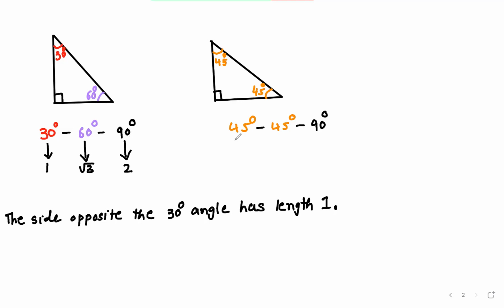The side opposite the 45-degree angle has length 1. The side opposite the other 45-degree angle has to have a length 1. Why? Because this triangle is an isosceles triangle. So if one angle is 45 and the opposite side is 1, then for the second 45-degree angle, the length of the side opposite to it has to be 1. The side opposite the 90-degree angle has length radical 2.